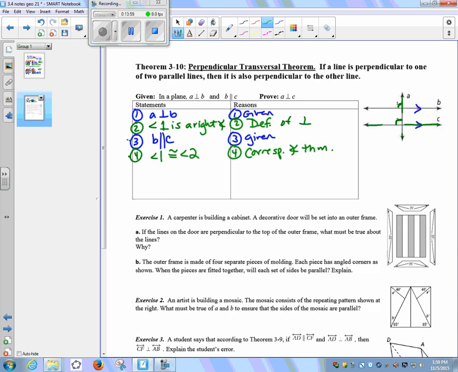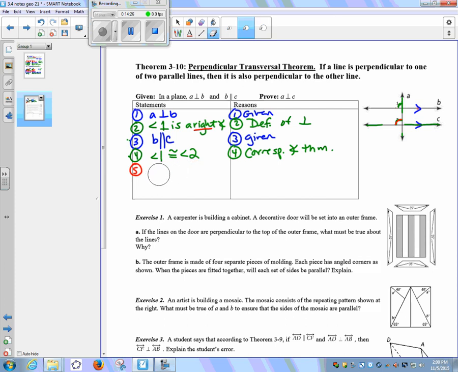So it looks like I am going to need some substitution in here. I know that this is a right angle, so it's 90 degrees. I know that these are congruent. So I know in my head that this has to be 90 degrees. I don't have a justification for going straight to saying it's a right angle right now, so I'm going to have to use substitution. Well, if I need substitution, then I'm going to have to use angle measures.